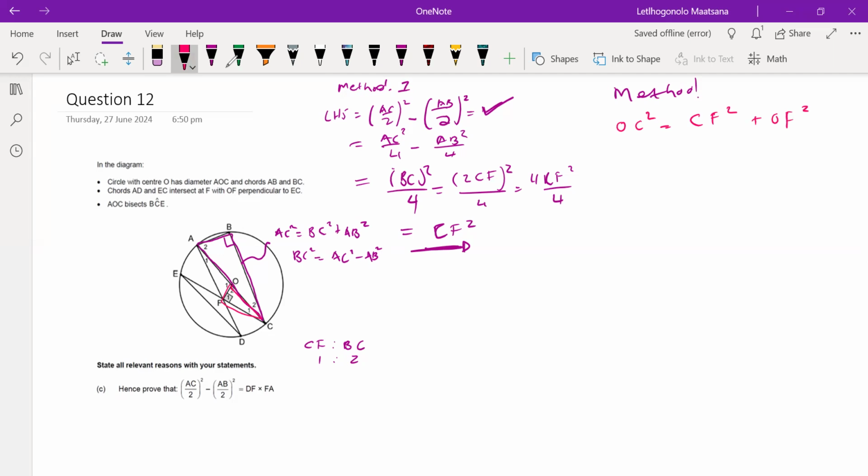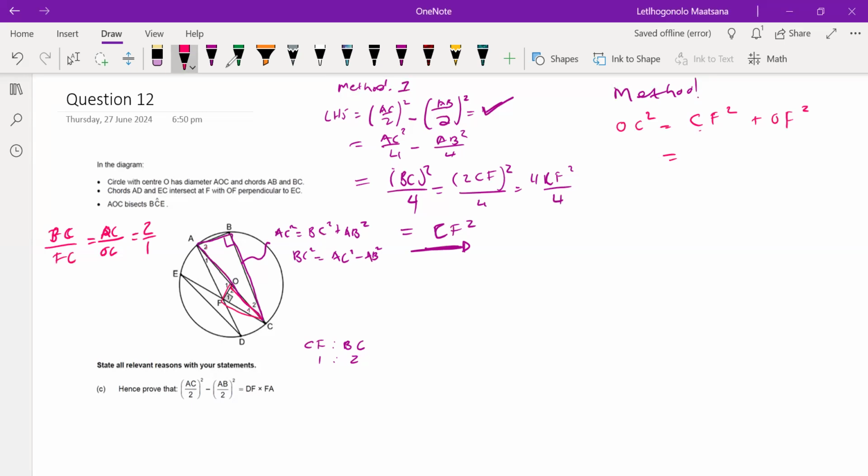And we know the ratio between the small triangle and the big triangle: AC over OC is 2:1.